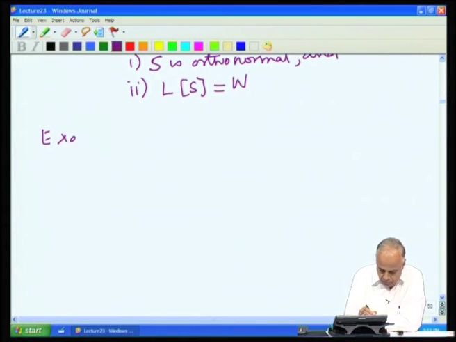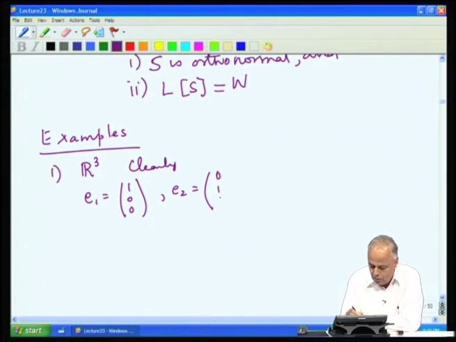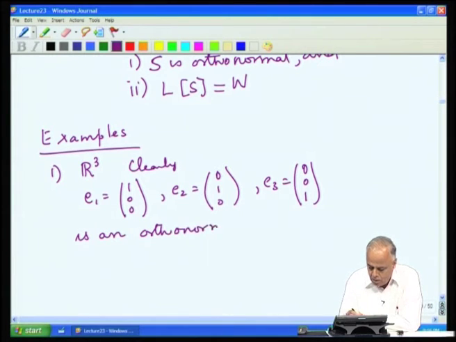So let us look at one or two simple examples. Let us take R 3. Clearly e1 equal to (1, 0, 0), e2 equal to (0, 1, 0), e3 equal to (0, 0, 1) is an orthonormal basis for R 3.